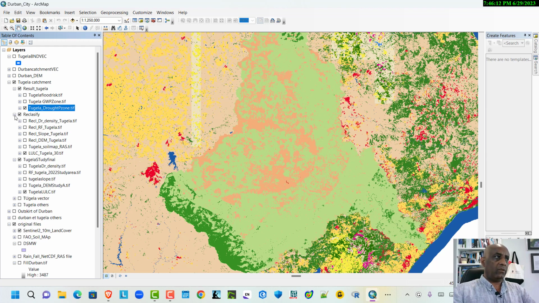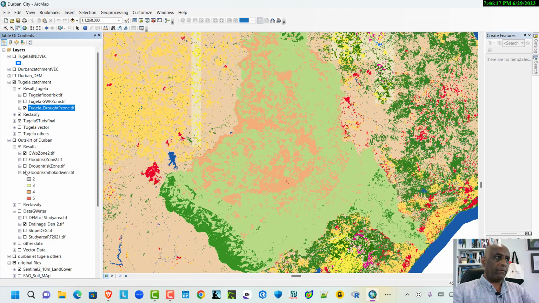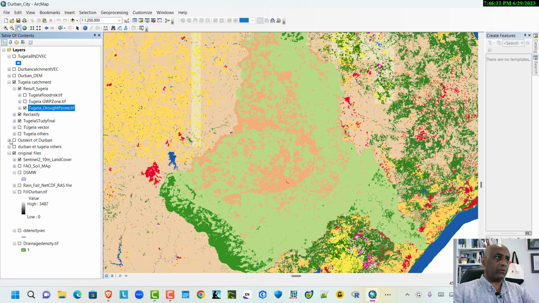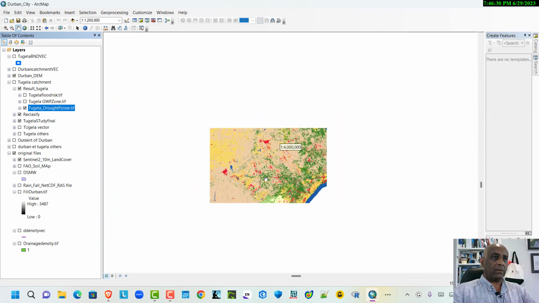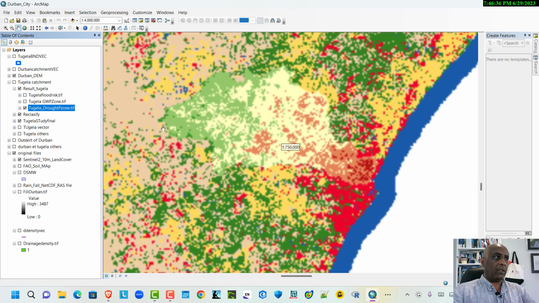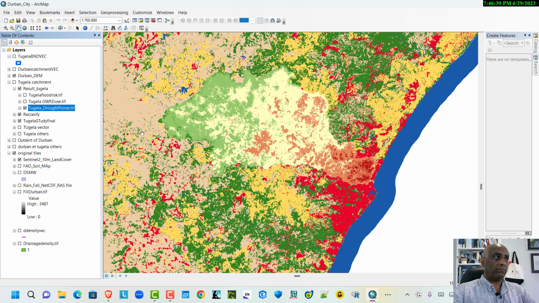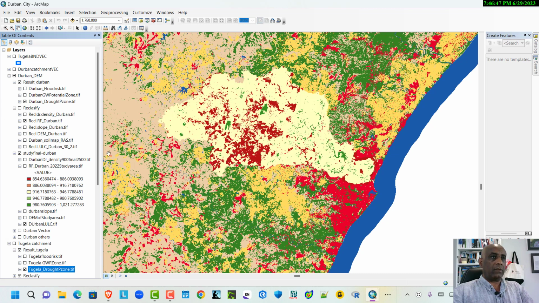I also did the same for the urban area. This is Durban area. This is the outskirts of Durban. This is the Durban area drought analysis.